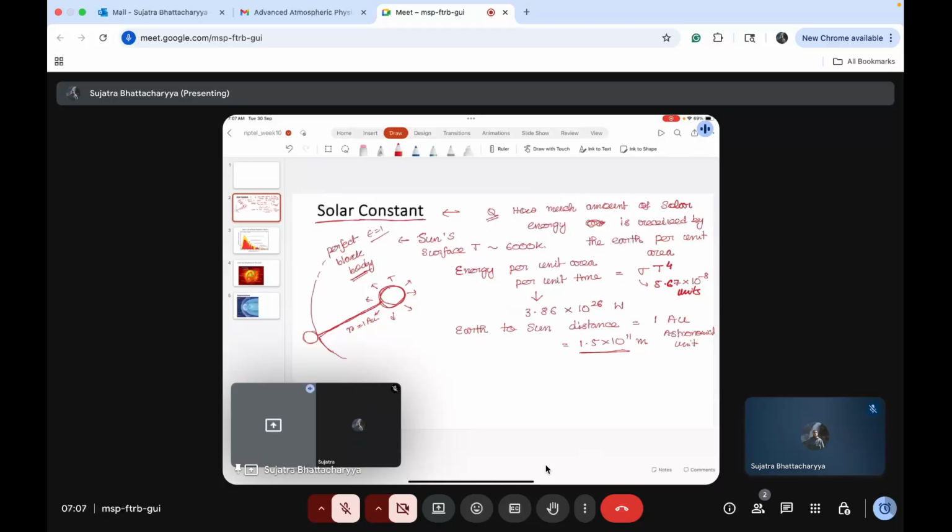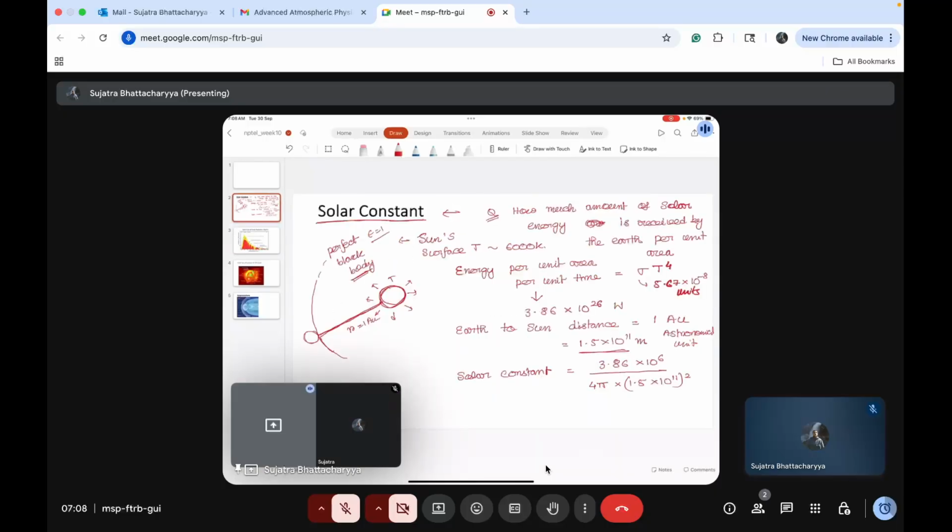So the solar constant is the energy released by the sun, 3.86 into 10 to the power 26, divided by 4 pi into 1.5 into 10 to the power 11 whole square.